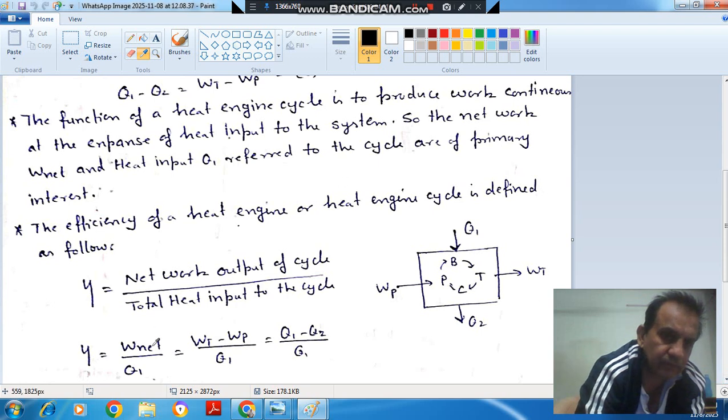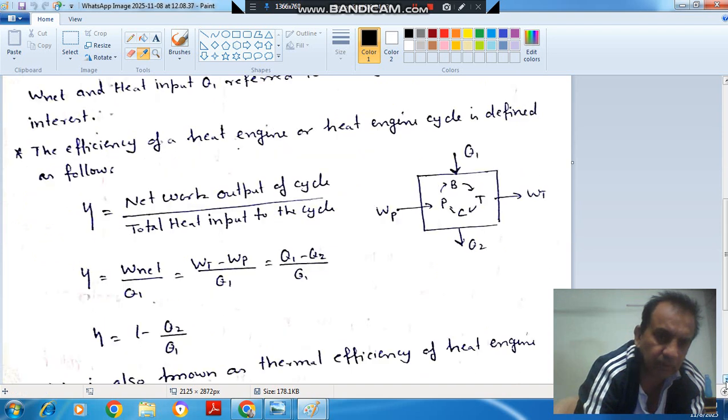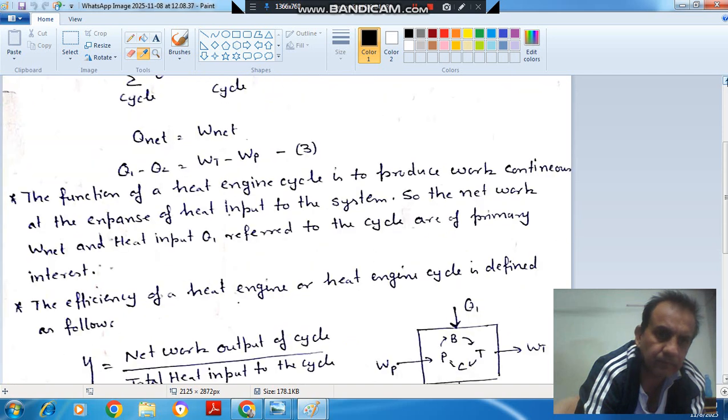So efficiency is W net by Q1, that is WT minus WP by Q1, or Q1 minus Q2 by Q1, or 1 minus Q2 by Q1. This is known as thermal efficiency. So the function of the heat engine cycle is to produce work continuously at the expense of heat to the system. So net work W net and heat input Q1 referred to the cycle are of primary interest.